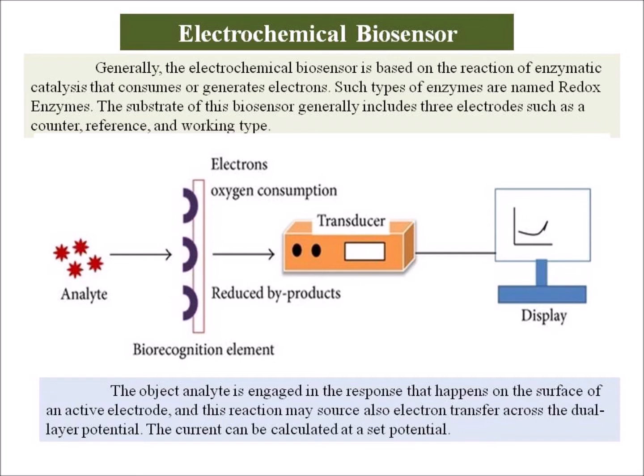The substrate of this biosensor generally includes three electrodes such as a counter, reference and working type. The object analyte is engaged in the response that happens on the surface of an active electrode, and this reaction may also cause electron transfer across the double layer potential. The current can be calculated at a set potential. See, the diagram is given.